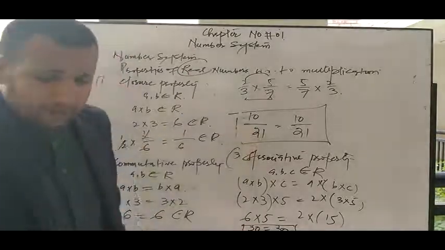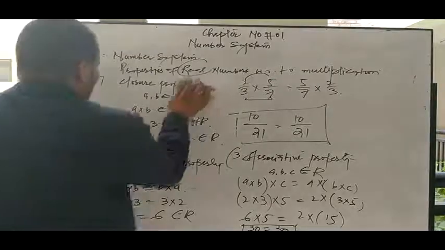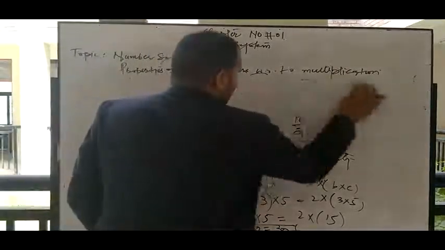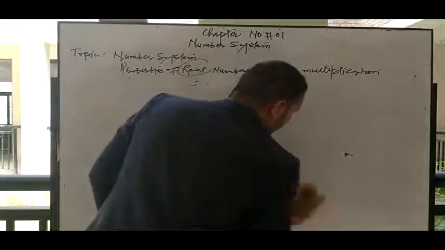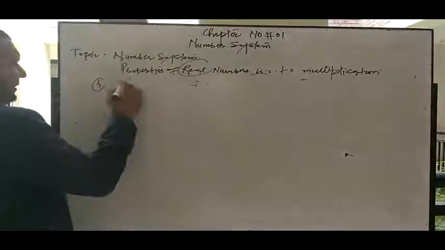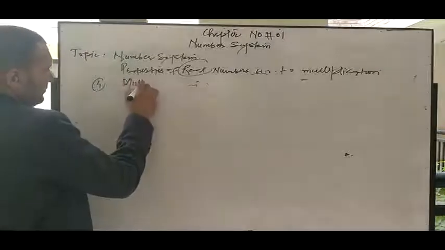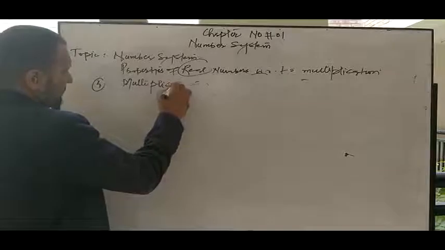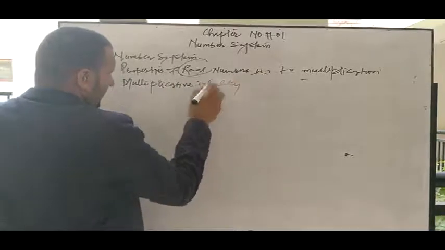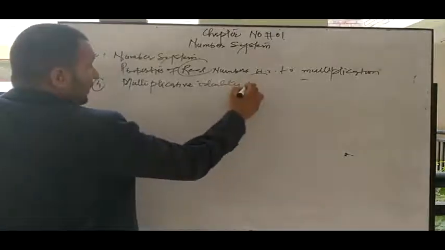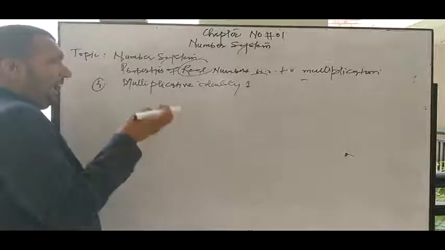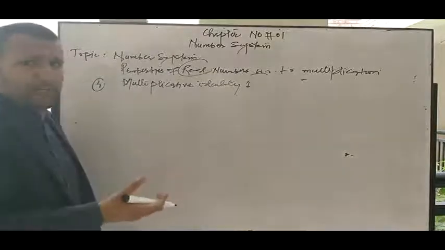Again the fourth is the property of the multiplicative identity. Multiplicative identity is 1, means if we multiply 1 with any value or number, the statement of any value does not change.